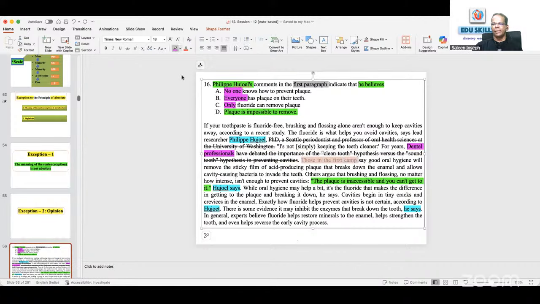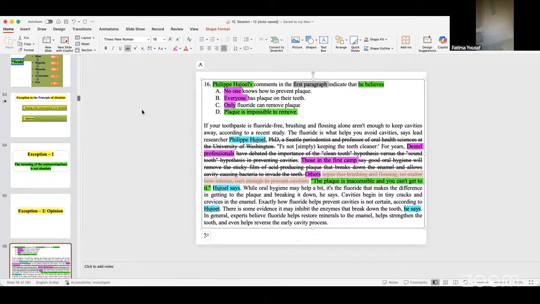Their opinion is not being asked here. Say good oral hygiene and remove plaque and all this, this need not be read at all. Others argue. Are we bothered about others' argument or opinion? No. So that is also eliminated. Just for your understanding, all these can be eliminated.